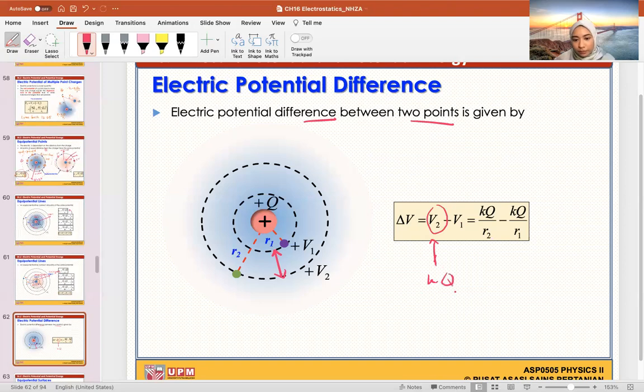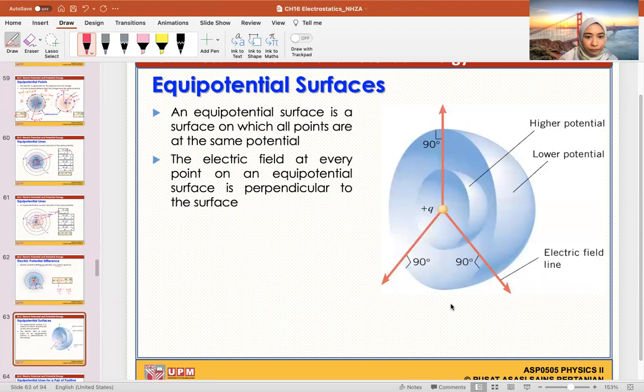It's the same charge, but our R is R2. This is the distance. Minus KQ, the same charge, but the distance is different, so this is R1. So this is delta V. Okay, I think this is straightforward enough.